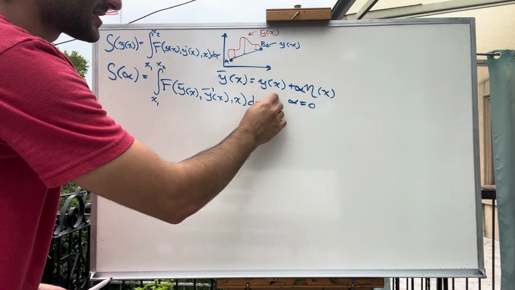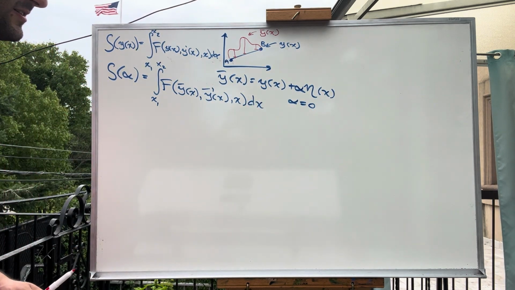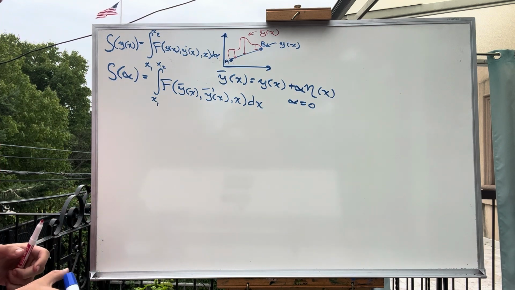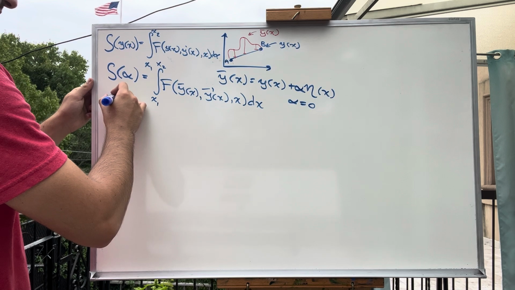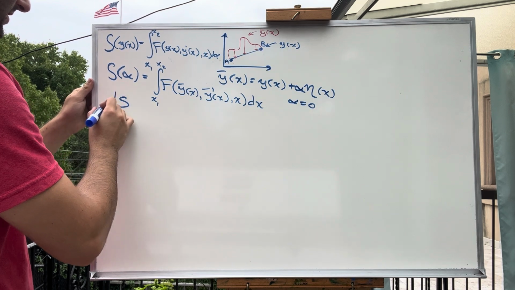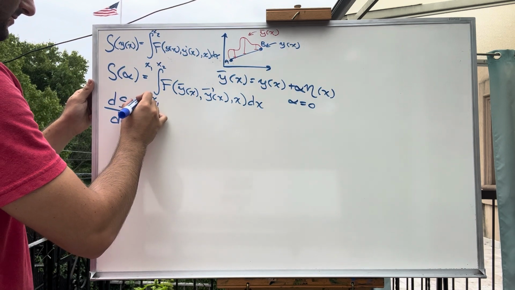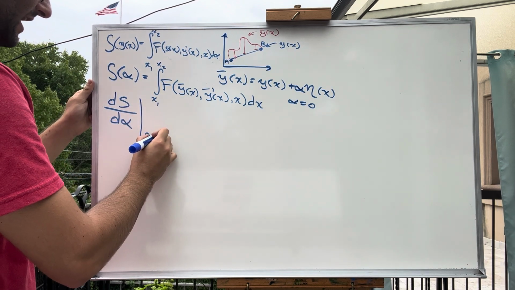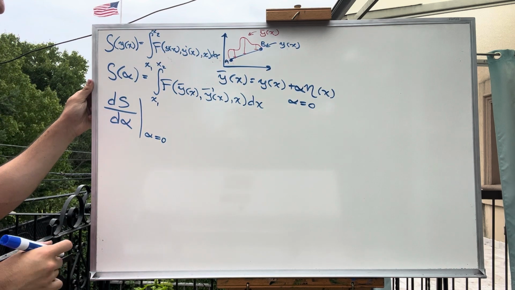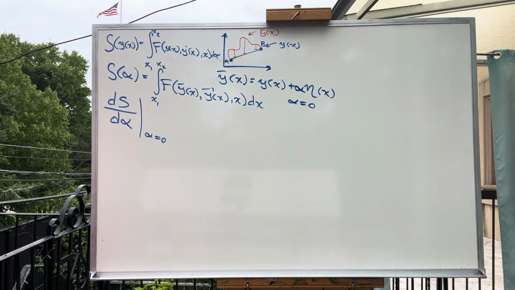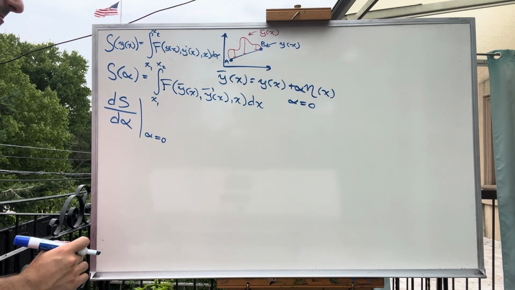It yields us our solution y of x. We can now take the derivative of s with respect to alpha, evaluated when alpha is 0, to yield us our solution to the functional that optimizes this functional.